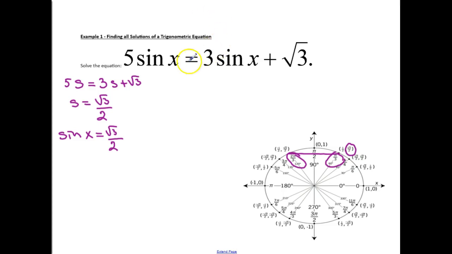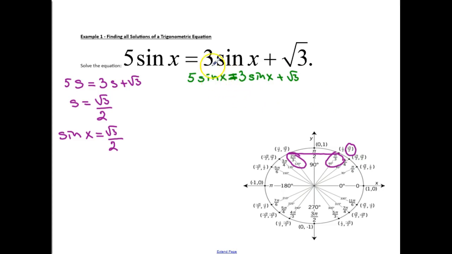The second strategy of solving the same equation is keep the sine of x, simply treat it as a variable. So now we have 5 times sine of x is equal to 3 times sine of x plus square root of 3.